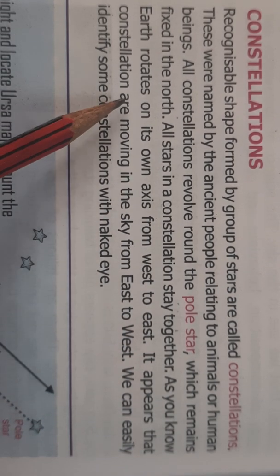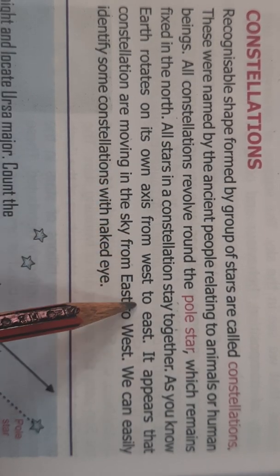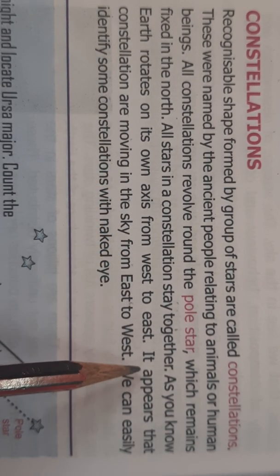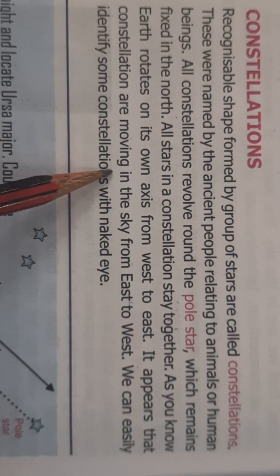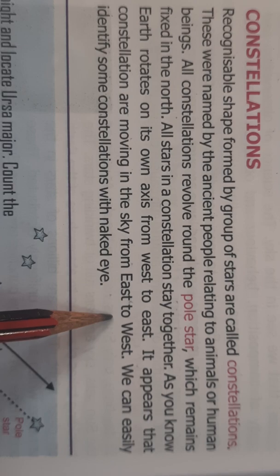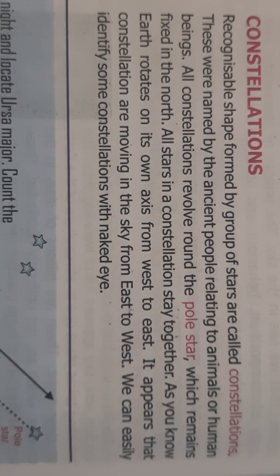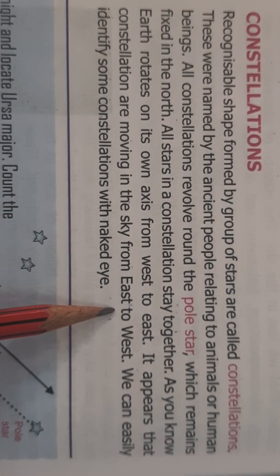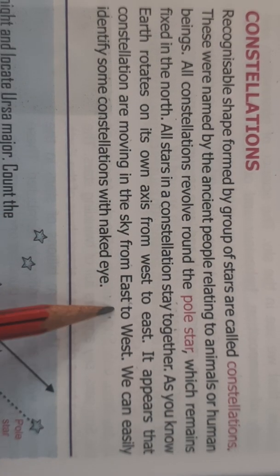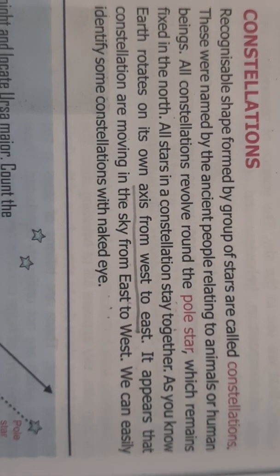As you all know, children, the earth rotates on its axis from west to east. It appears that constellations are moving in the sky from east to west, but the earth always rotates on its axis from west to east.